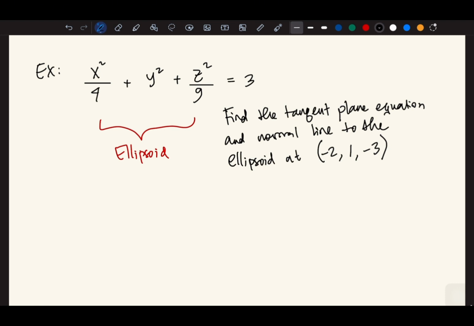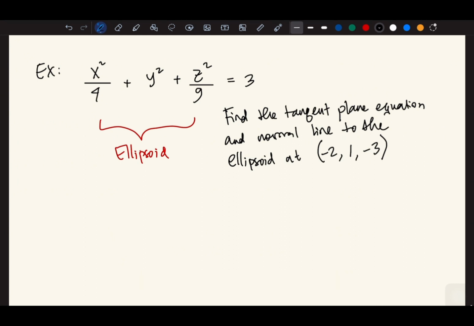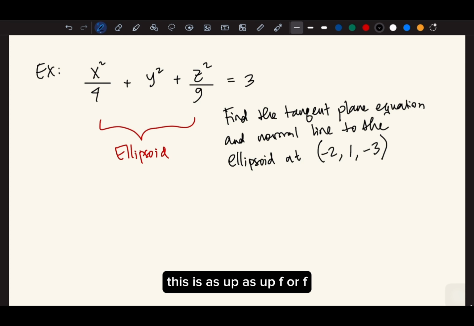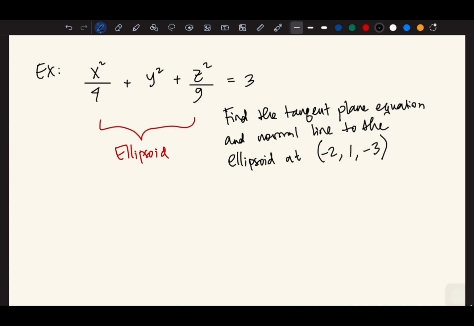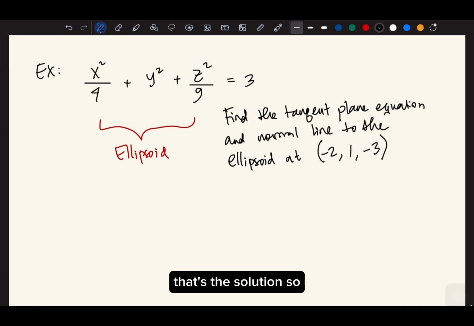Basically, to find the tangent plane equation, we need to set up our function, which is obvious: we can set up f(x, y, z) equal to this, and then we find all partial x, partial y, partial z, and then put into the previous tangent plane equation, and that's the solution.